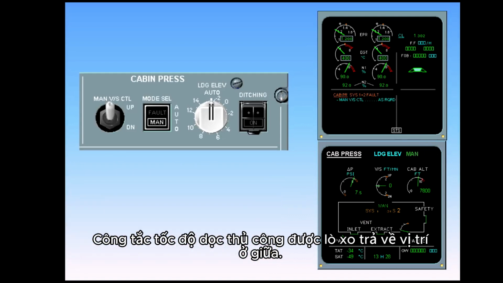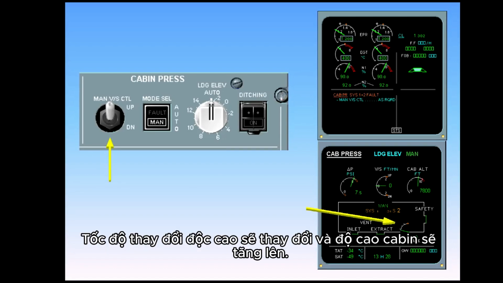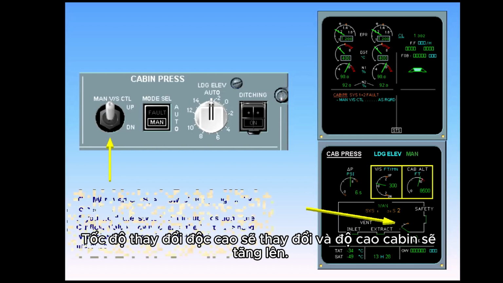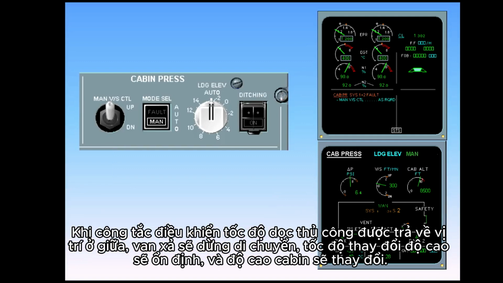The manual vertical speed switch is spring-loaded to neutral. If you hold the switch in the up position, the outflow valve slowly opens. The vertical speed will change and the cabin altitude will increase. When the manual vertical speed control is returned to the neutral position, the outflow valve will stop moving.